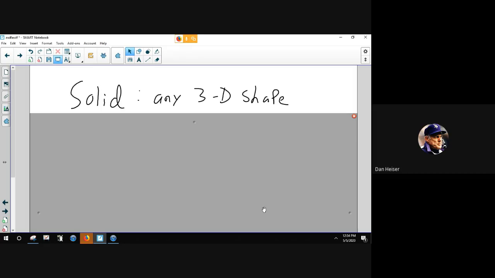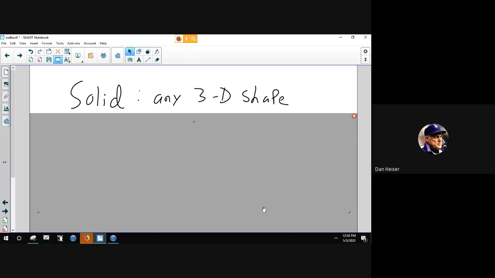Any three-dimensional shape can be given the term solid. Just like any two-dimensional object can be given the term shape. Shape is usually a two-dimensional object that could be a polygon. We know that circles cannot be polygons, so we need a term for that, and the term often is shape.